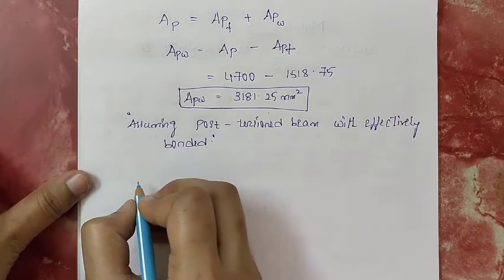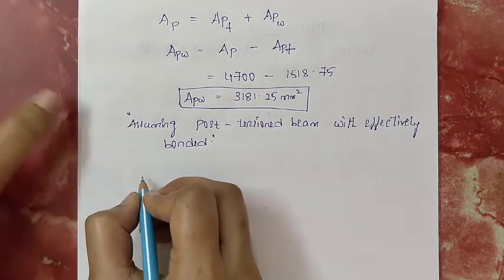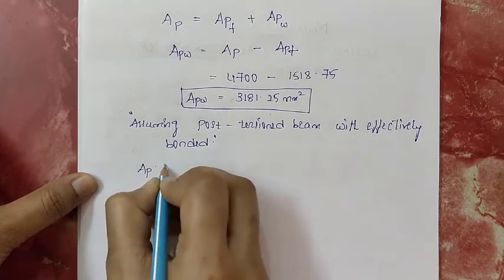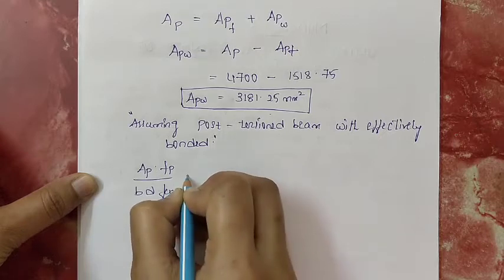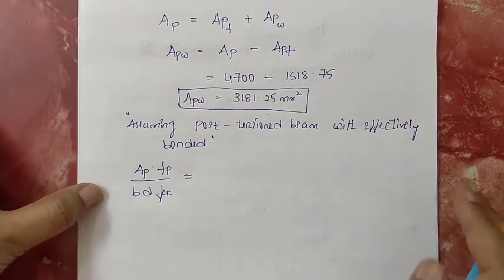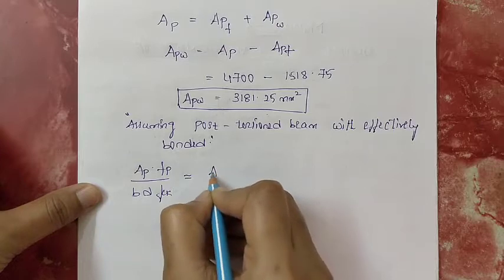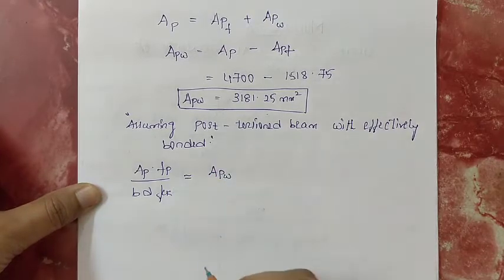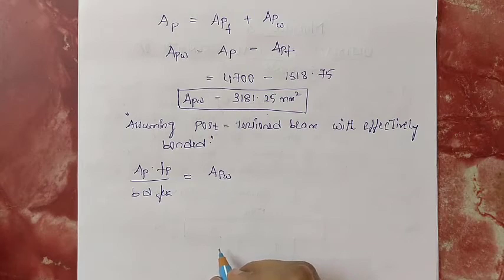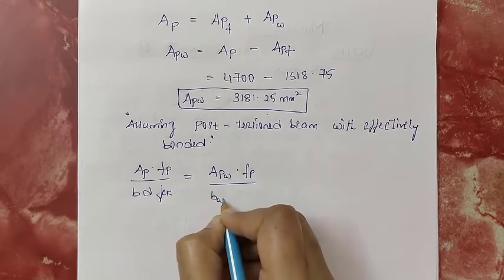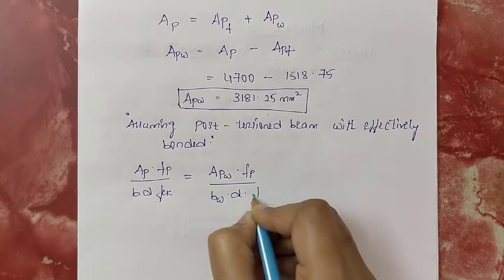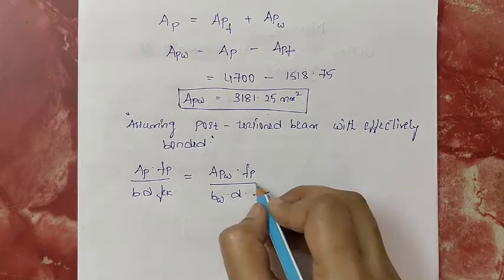Then you need to calculate the ratio APW FP divided by B D FCK, that will be equal to, it's a double T section, APW, because the neutral axis lies in the web portion. That portion width, web portion width, as well as the area of the pre-stressing steel in the web portion you need to consider, into FP divided by, width is nothing but width of web, into effective depth into FCK. Substitute the value.